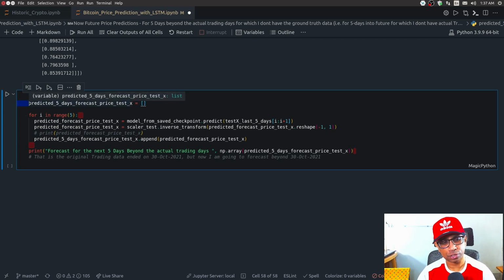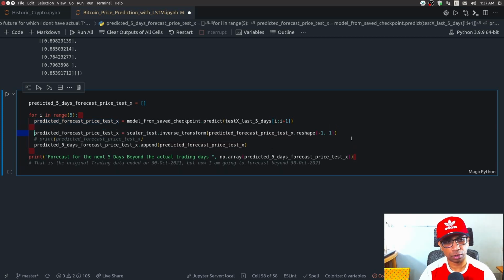All I'm doing is defining a variable to hold the array of the next 5 days of data, and then I'm running a single loop. That loop should run 5 times because I'm predicting future 5 days. And then in the next line, I am just applying the predict function because my model has already been trained, and that trained model was saved at this checkpoint, that is, model from saved checkpoint.